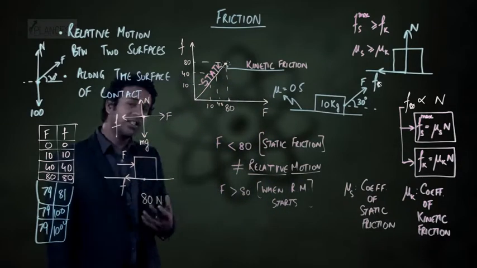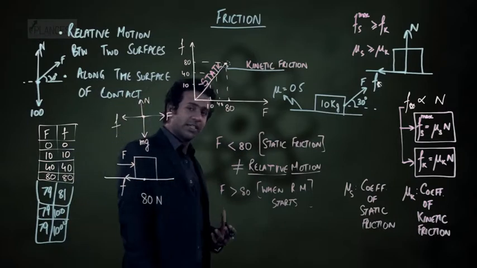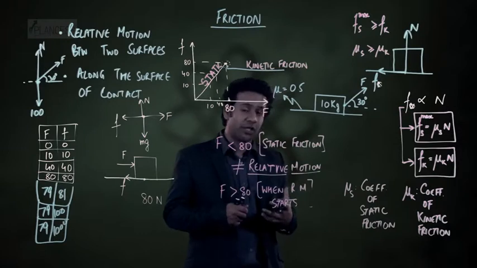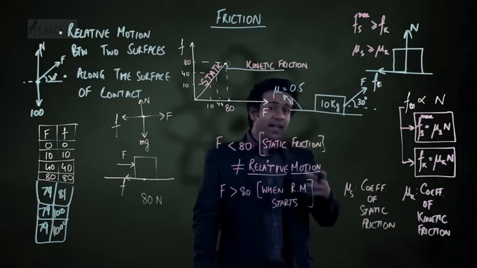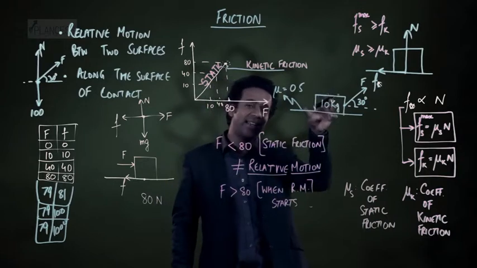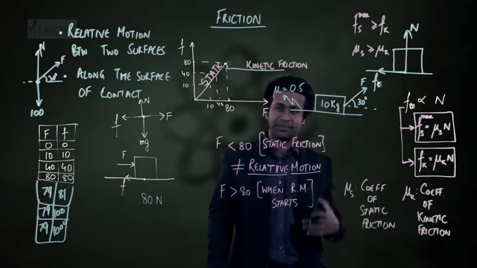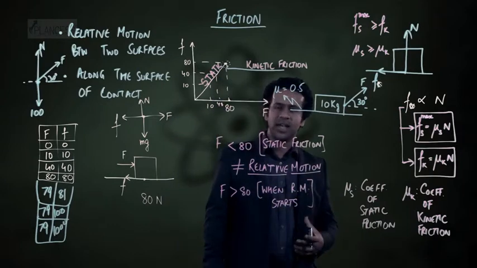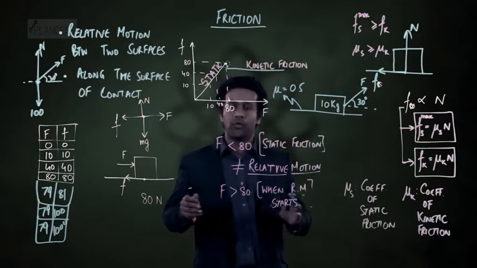Now the direction of friction is to be decided by looking at the direction of impending motion. In this case, you can see that this block has a tendency to move towards the right. So whenever you have to decide the direction of friction, first assume that there is no friction.